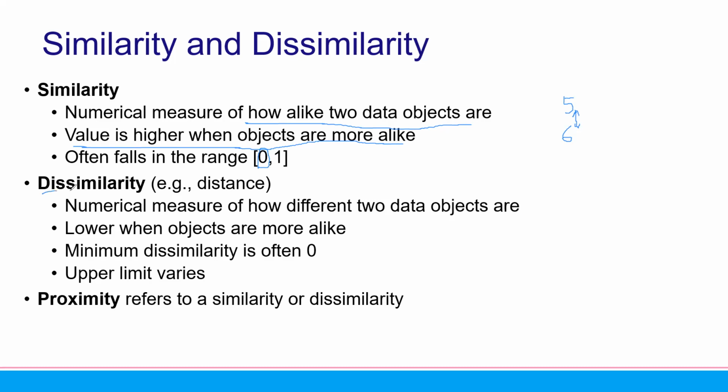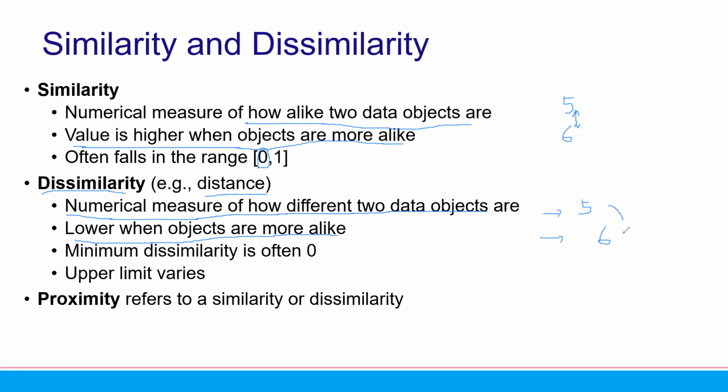There is another concept, we call it dissimilarity, or we can mention it as distance. It is also a numerical measure, and we want to see how different two objects are. So it's the same like this one. I have the first object as 5 and the second object as 6. Okay. So it is lower when objects are more alike.